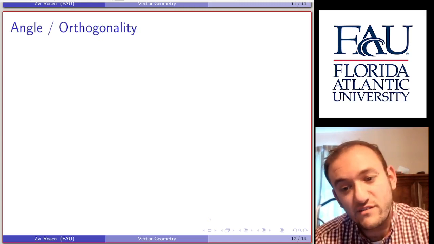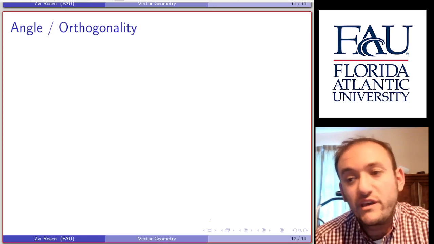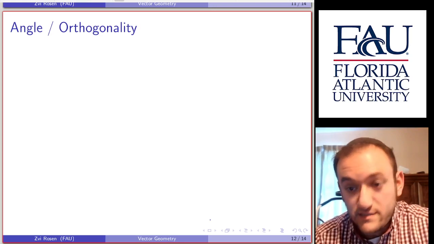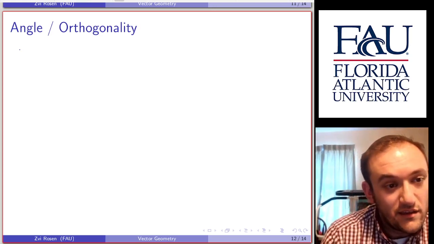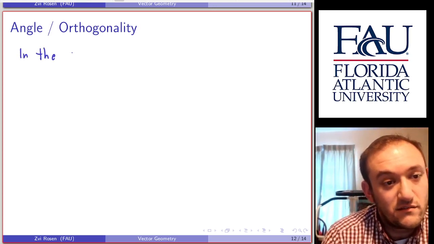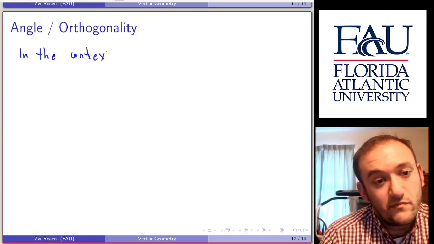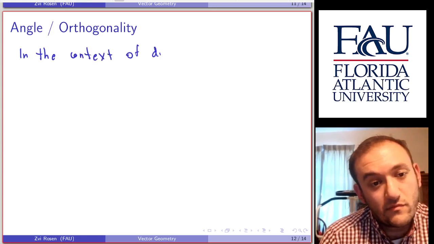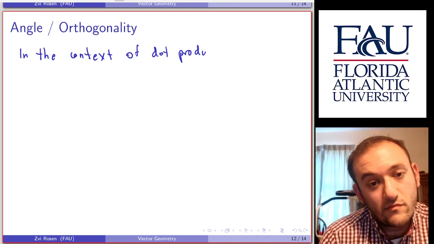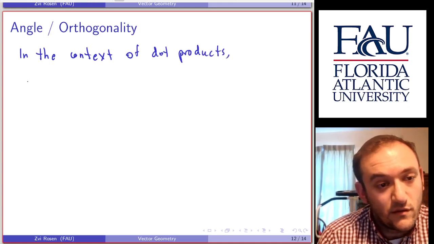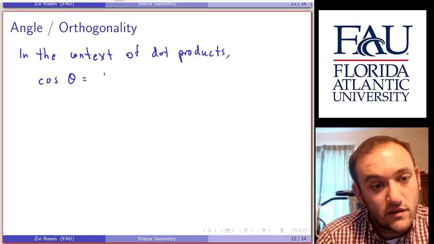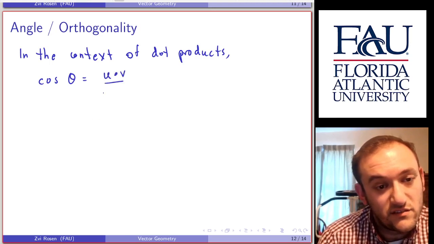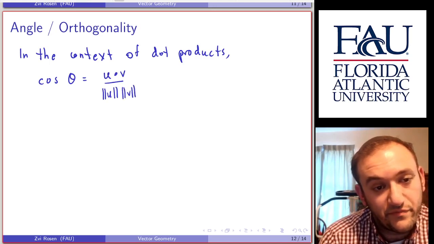Okay, well, with all of these weird new inner products, we can use some of the ideas from our last lecture about vector geometry. So one thing we saw in the context of dot products, we knew that cosine of theta was equal to u dot v divided by norm of u, norm of v.